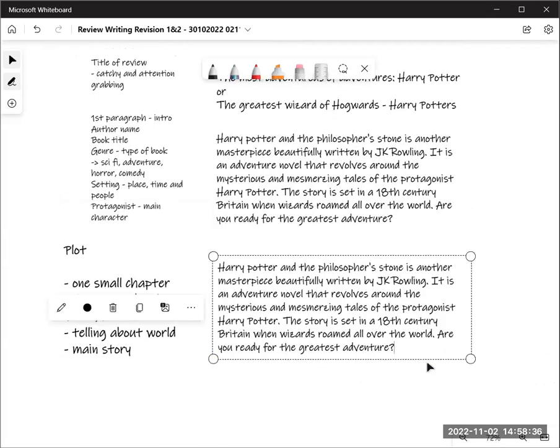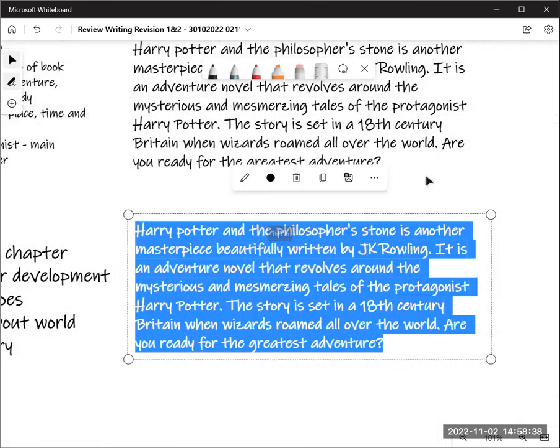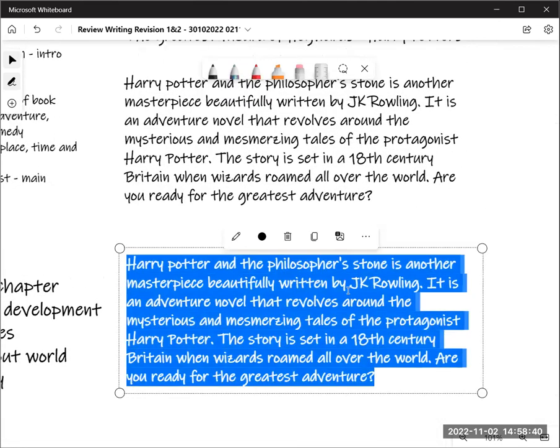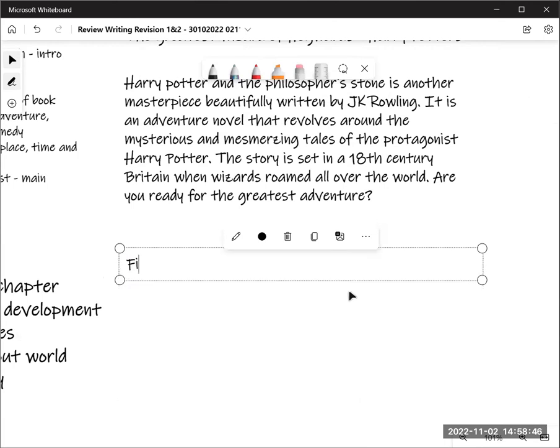Now, how can I do that? Let's start. Whenever I start a paragraph, I have to start with a linking word. So I say, firstly, Harry Potter, I'll talk about the characters, right?